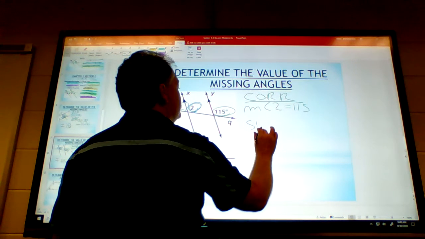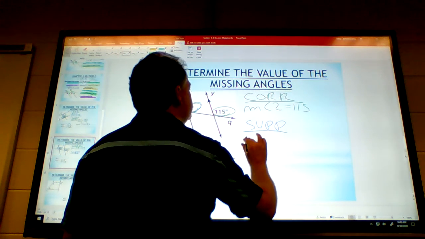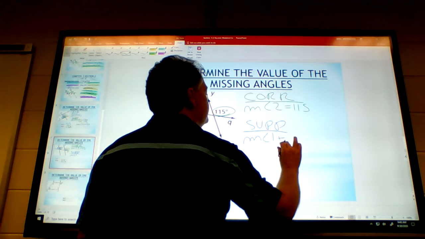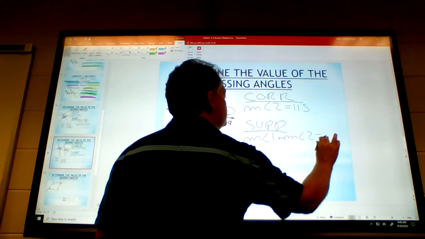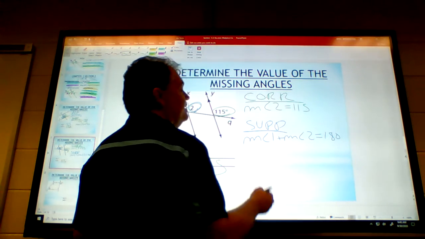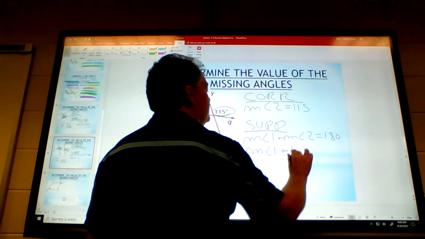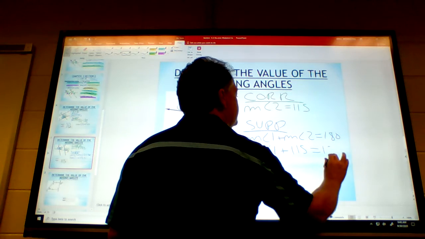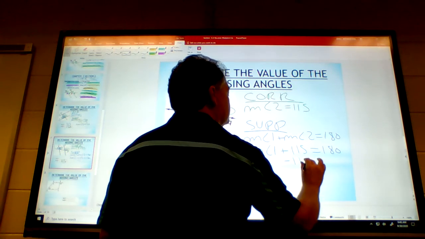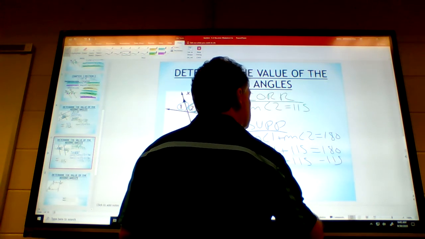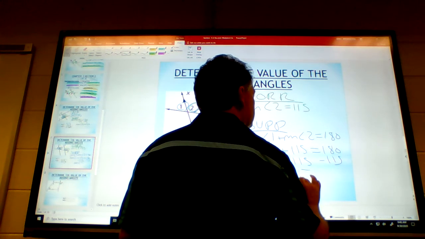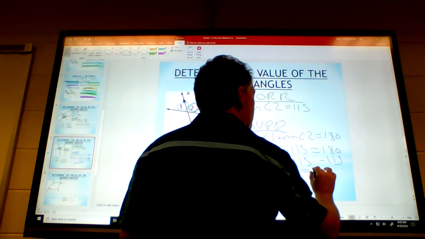They're supplementary, so the measure of angle 1 plus the measure of angle 2 equals 180. We know that the measure of angle 2 is 115. So the measure of angle 1 plus 115 equals 180 degrees, so the measure of angle 1 equals 65 degrees.